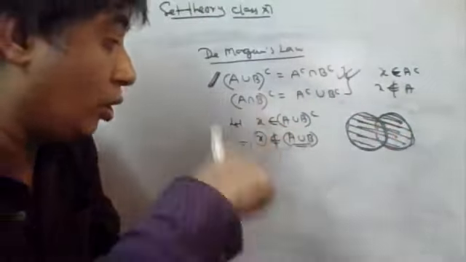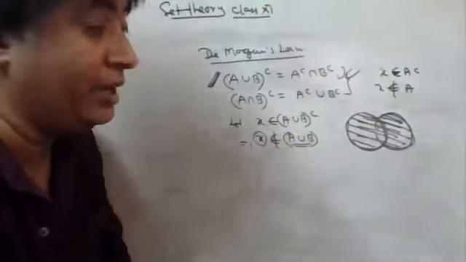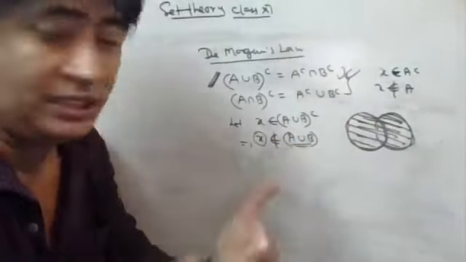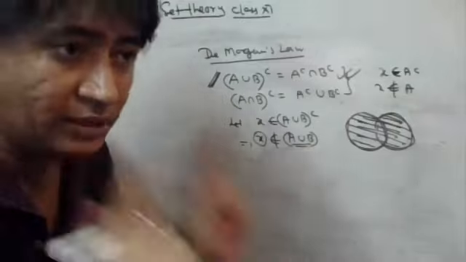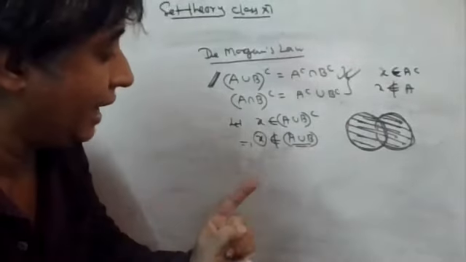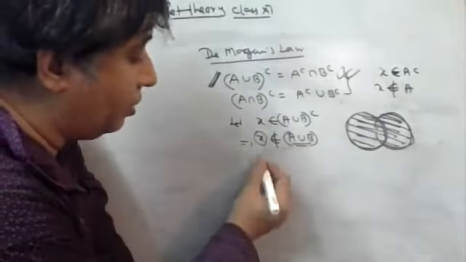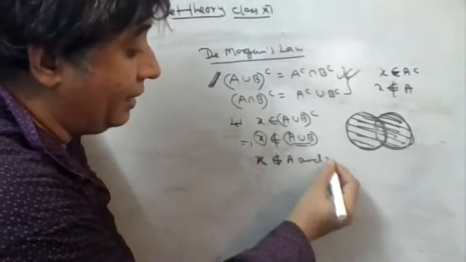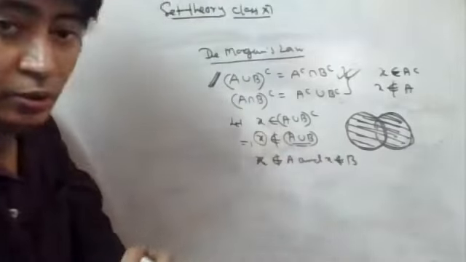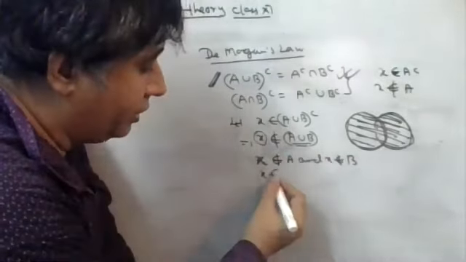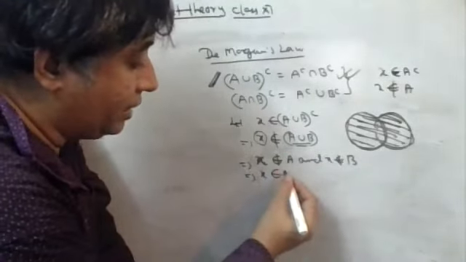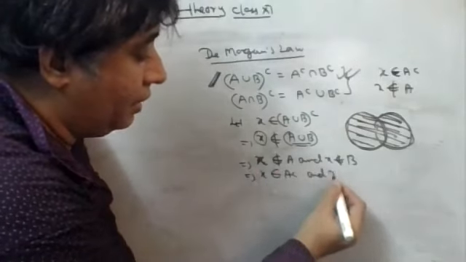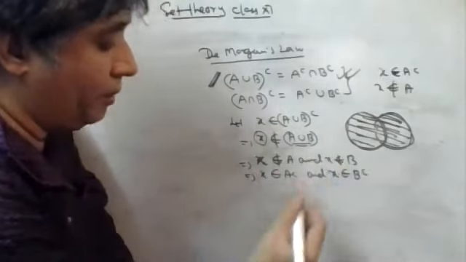So though A and B are related by union, by conception we can say X does not belong to A and X does not belong to B. Okay, hope you understood. That means X belongs to A complement and X belongs to B complement.